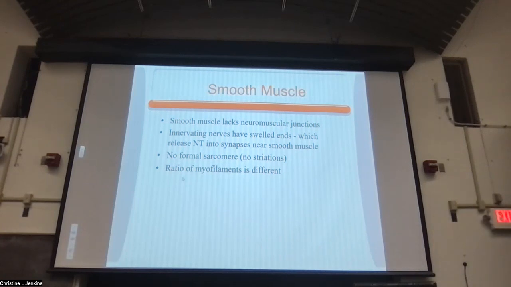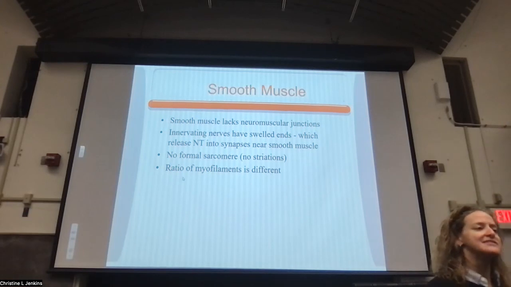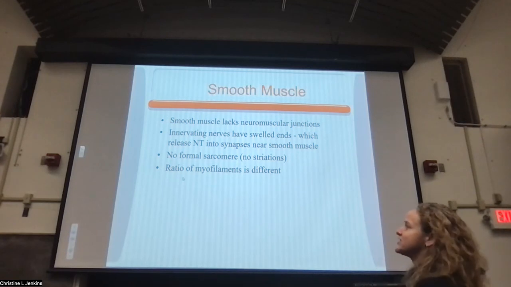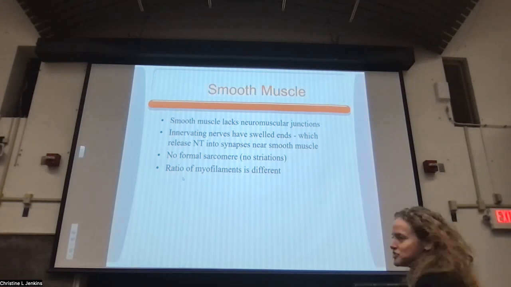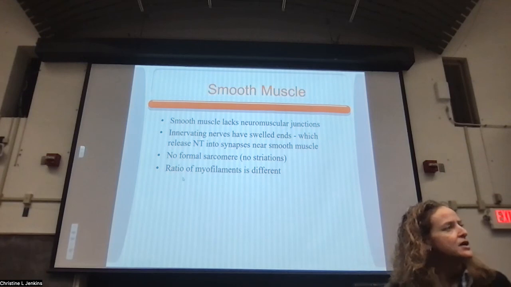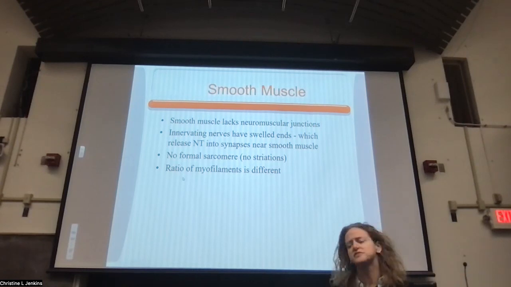My general comment number 1 is that its structure is a little bit different. Here are some examples. It doesn't have the same neuromuscular junction. It doesn't have the striations. It has a different ratio of myofilaments, and so on. The general comment number 1 is that the structure of smooth muscle differs from skeletal and cardiac.